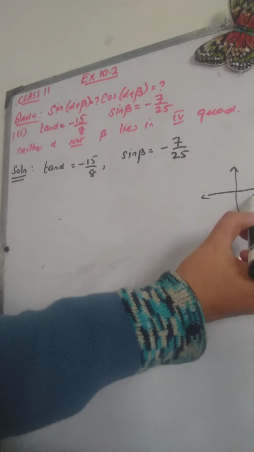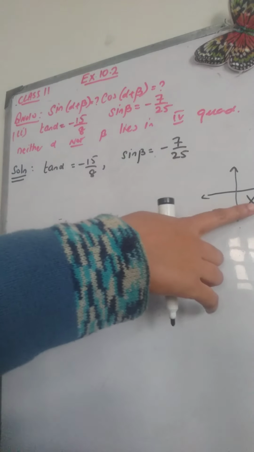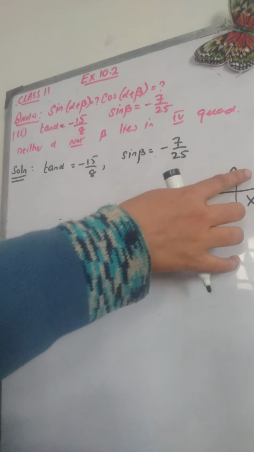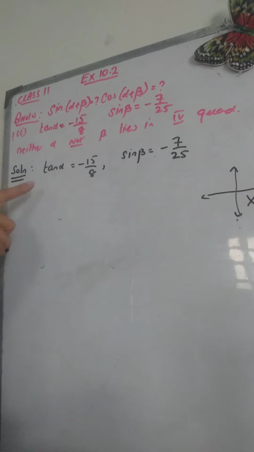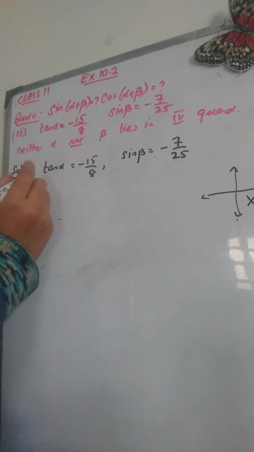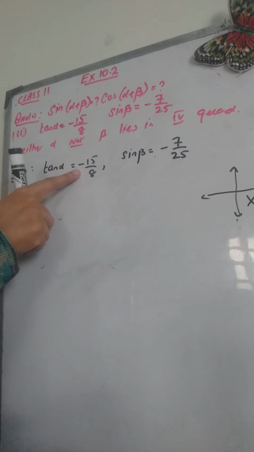They have given us that both these angles do not lie in the fourth quadrant. So we have to find in which of these three quadrants alpha and beta lie. For that, tangent alpha is less than 0, as is obvious from the value given in the question.